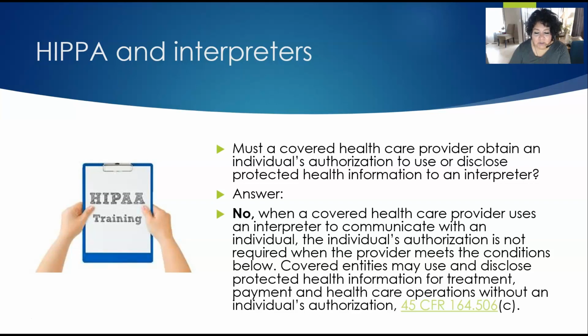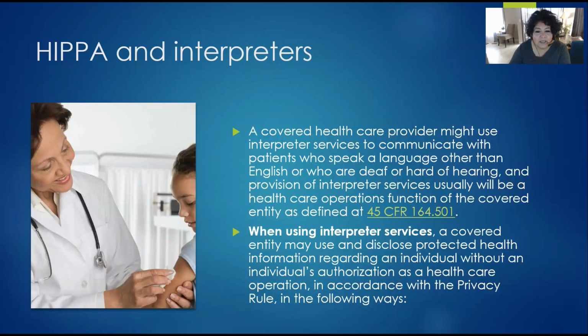Covered entities may use and disclose protected health information under HIPAA for treatment, payment, and health care operations without individual authorization. Again, with HIPAA and interpreters, a covered healthcare provider might use interpreter services to communicate with patients who speak a language other than English or who are deaf or hard of hearing, and provision of interpreter services usually will be a healthcare operations function that the covered entity has defined, and then it gives you the California code.